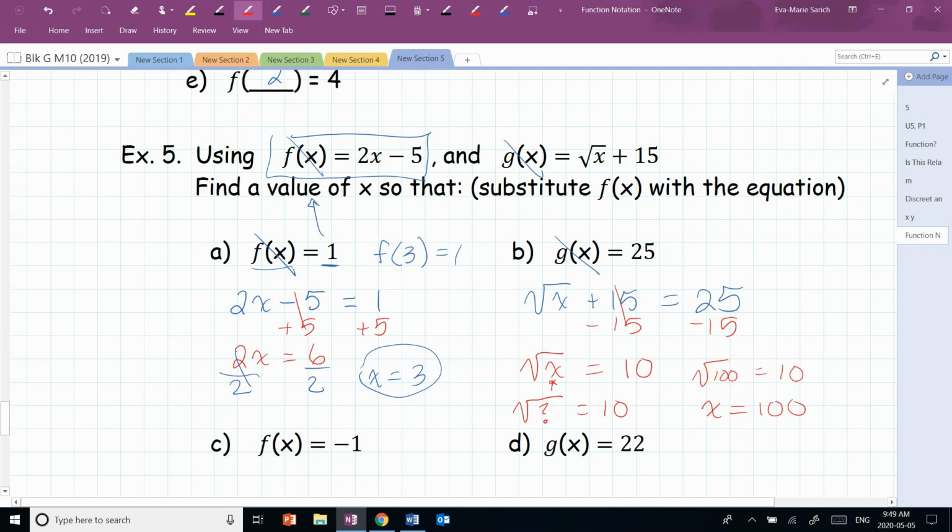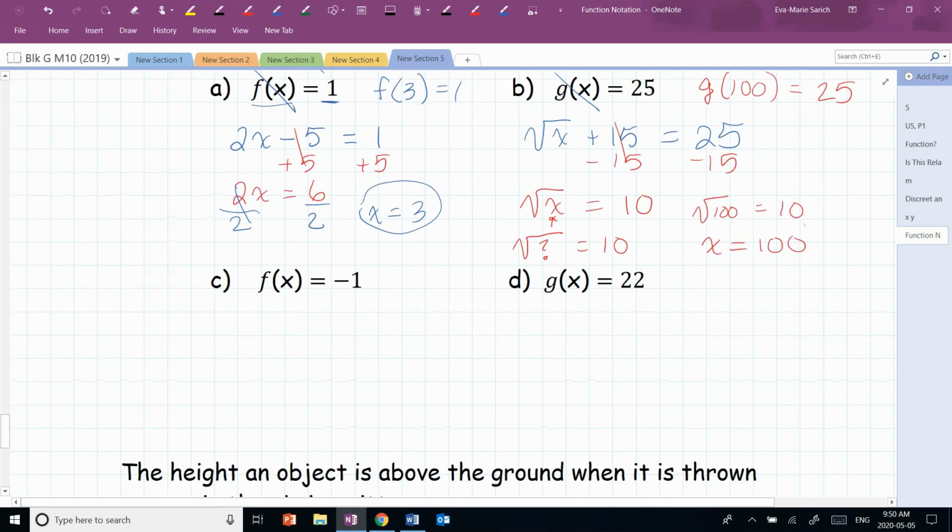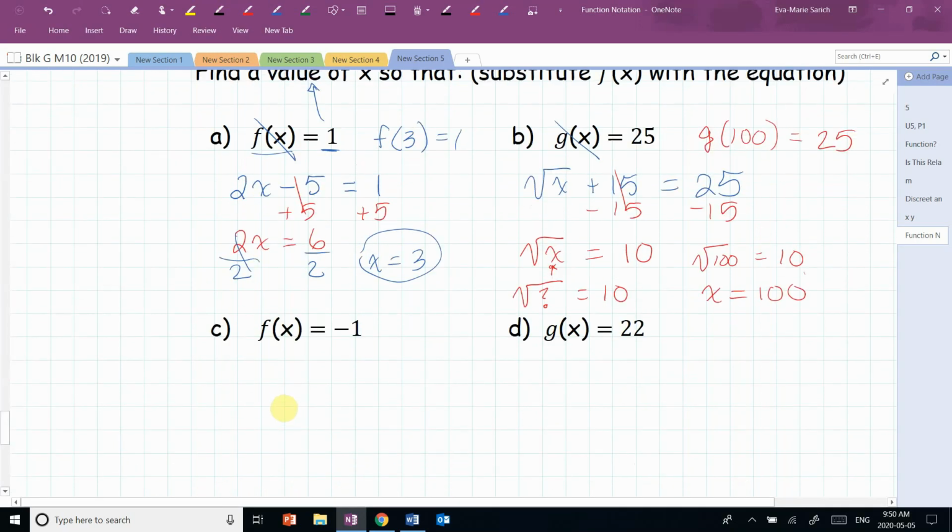Okay, so again, we can rewrite this now to put our answer of x being 100 back into the function notation. So g at 100 is equal to 25. Okay, let's do this again. F of x is equal to -1.